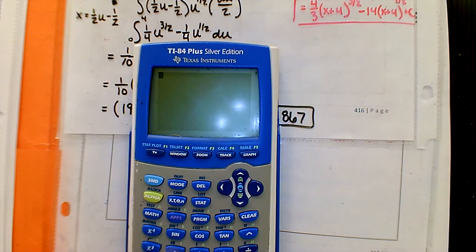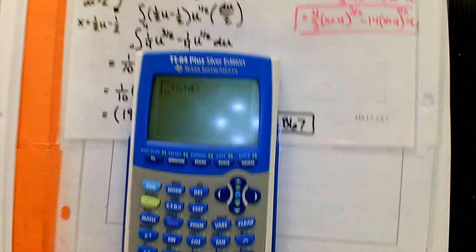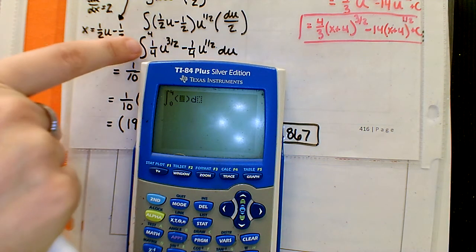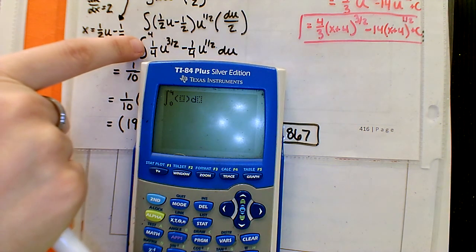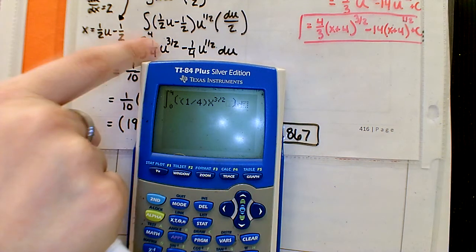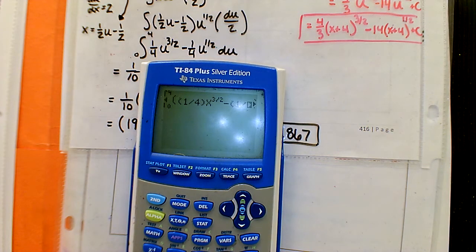On your calculator, let's do math 9. We'll bring up that integral. If we were to type in the bounds from 0 to 4, let's go ahead and type in our u integral that we had in the end. You can't type in u's on your calculator, so we'll just use x's. But we'll need 1 divided by 4, x to the 3/2 power, and then we'll do minus 1 divided by 4, x to the 1/2 power, dx on the end.